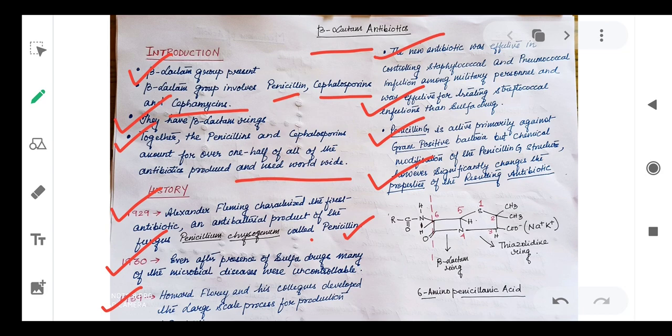You get to see the structure of 6-aminopenicillanic acid, which comprises a thiazolidine ring and a beta-lactam ring. This thiazolidine ring and beta-lactam ring make up penicillin, and this R group varies from one type of penicillin to its various derivatives. This is a potassium or sodium salt of the penicillin.